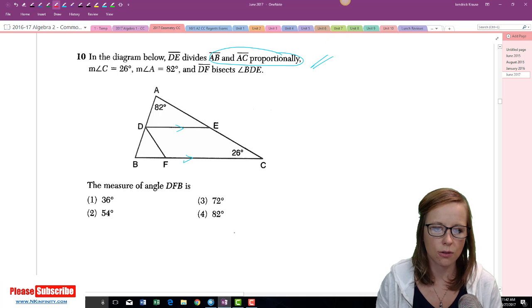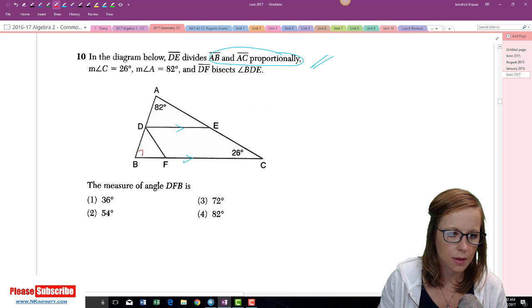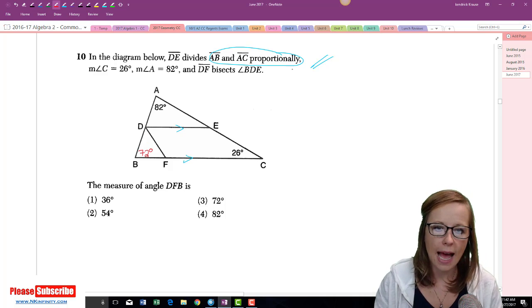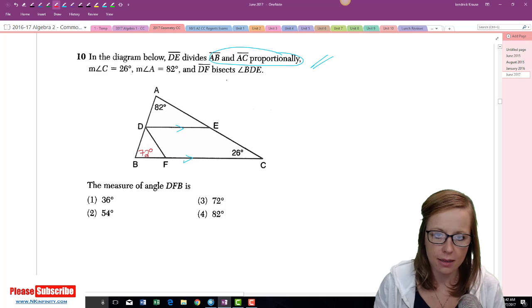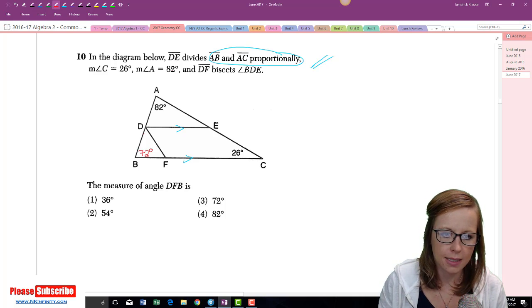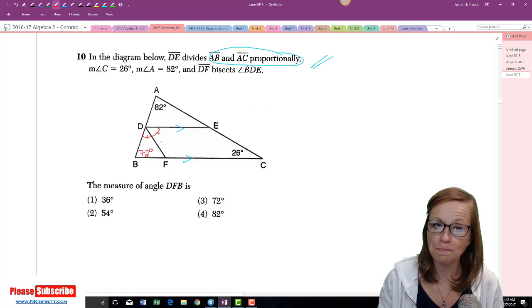I've got 72 degrees left for angle B. Okay, what else can I figure out? DF bisects BDE. DF bisects this angle. This angle has two congruent pieces.